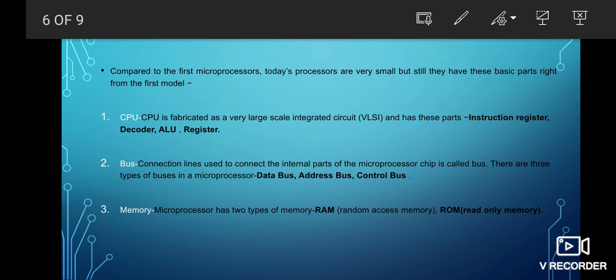Bus: connection lines used to connect the internal parts of the microprocessor chip are called a bus. There are three types of buses in a microprocessor: data bus, address bus, and program control bus. Next, memory. A microprocessor has two types of memory: random access memory and read-only memory.